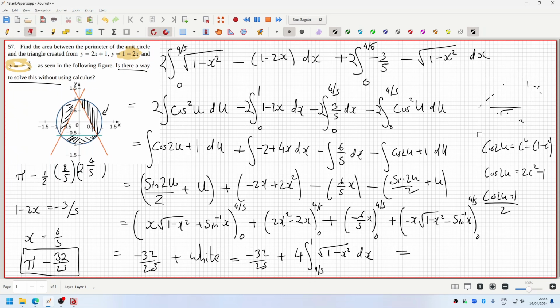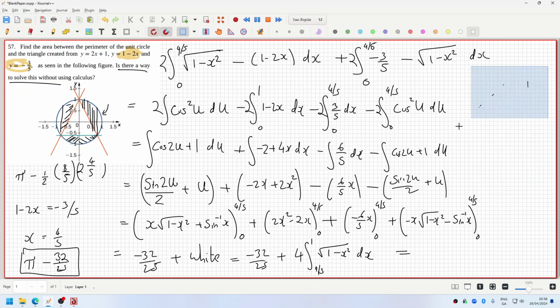Oh, let me just add in the extra integration here in red. So it was plus 4 of them.